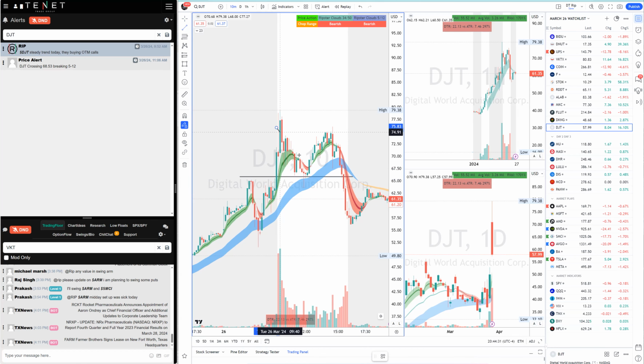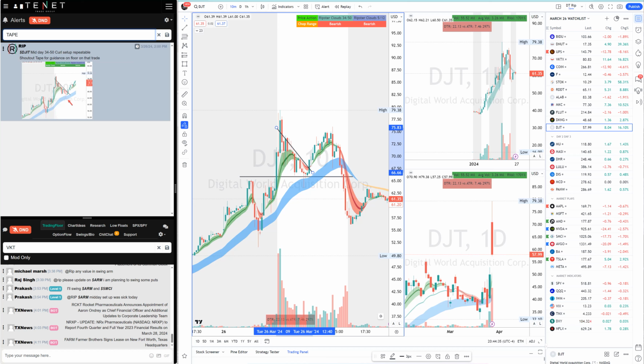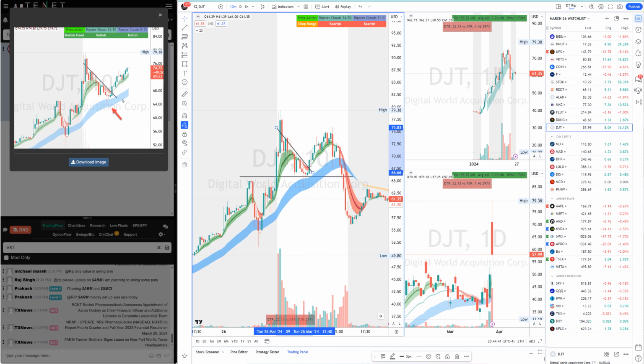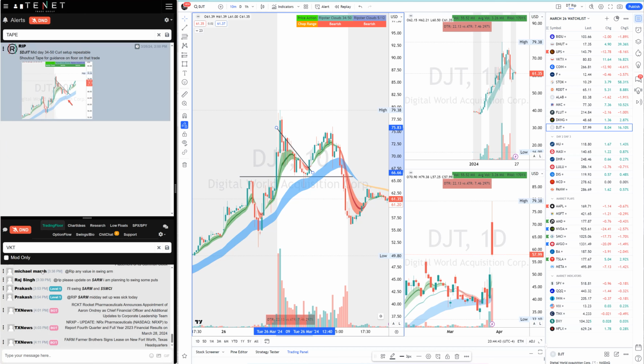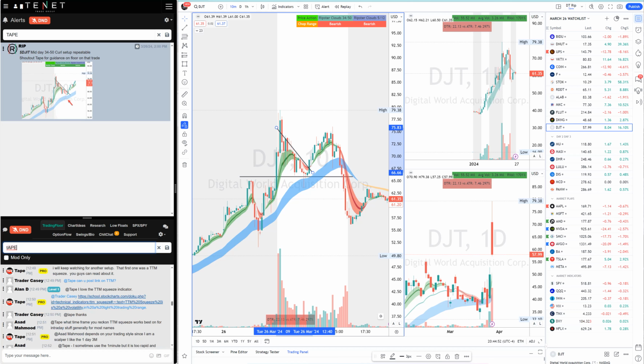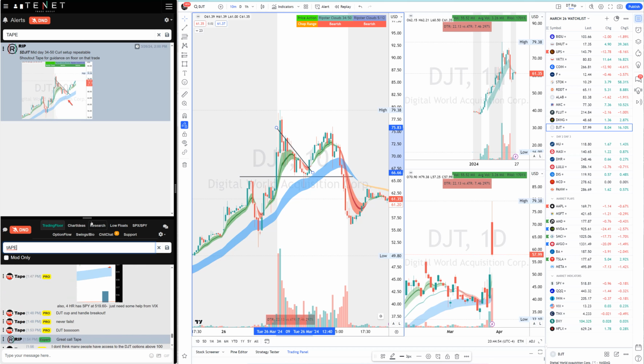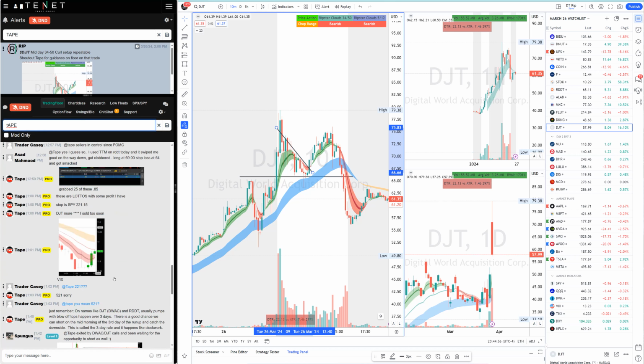Then it was a midday setup, and Tape was on top of that midday setup. You can see that, right? I always spell it wrong, DJT. You see this midday setup? Tape was on it. Great idea by Tape in midday on that DJT. Tape was on DJT on the trading floor. Great early call by him.